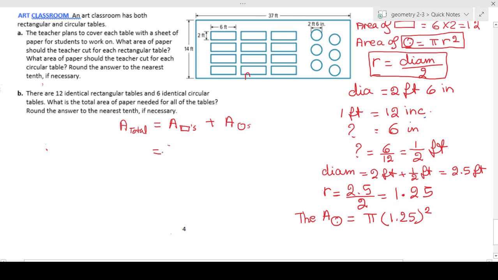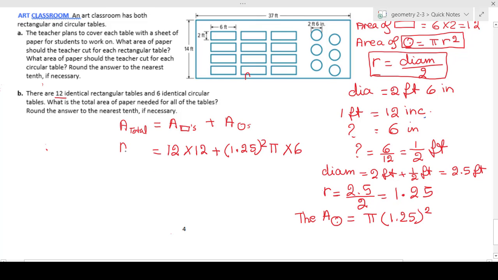But this is equal to 12, which is the area of one rectangular table, multiplied by 12, which is the number of rectangular tables that we got from the problem here, plus the area of the circular table, which is the one that we didn't calculate yet, pi, multiplied by the number of the circular tables, which is 6.